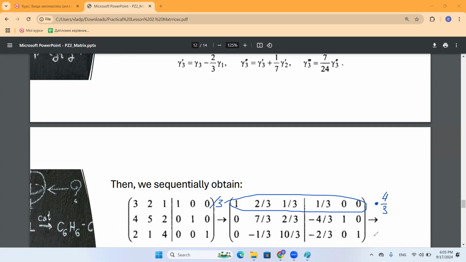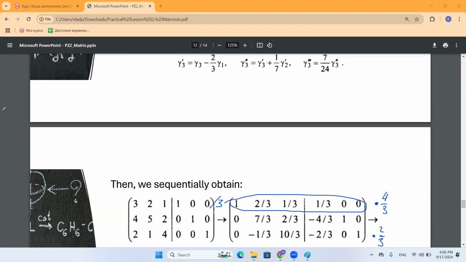Then I multiply this row by 2/3 and subtract from this. And I set zeros here, and I do it with this matrix as well.